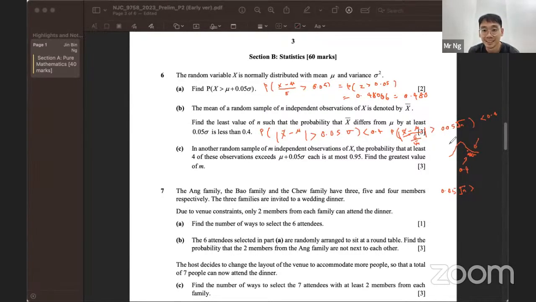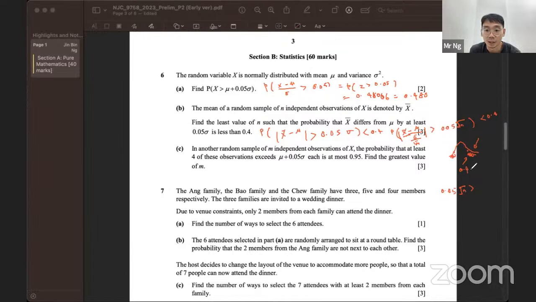But then this is a modulus, so that means we are looking at these two areas. This probability is these two areas.